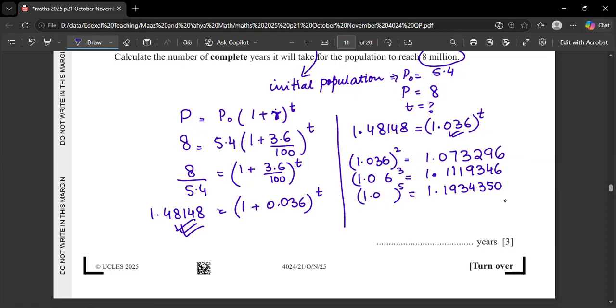Now, are they saying to have the exact 8 million, or are they saying population to reach 8 million? Because whenever we are talking about the population, these numbers that we are getting here will not bring significant change in the population, right?